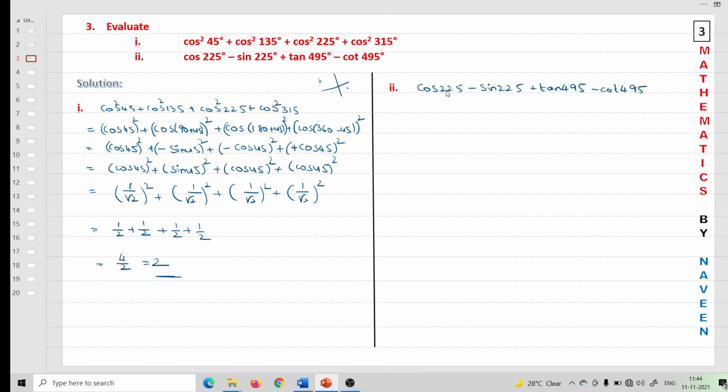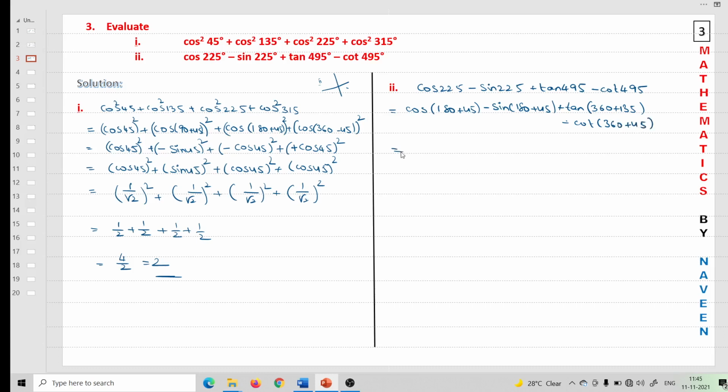Clear? Next problem, cos 225 minus sin 225 plus tan 495 minus cot 495. So I am writing cos of 225 as 180 plus 45, minus sin of 180 plus 45, plus tan of 495 written as 360 plus 135, minus cot of 360 plus 45.